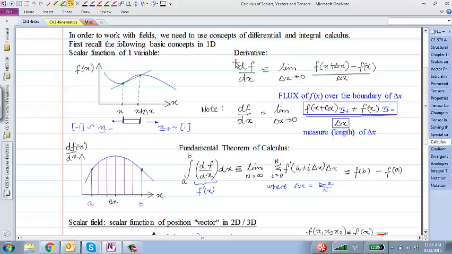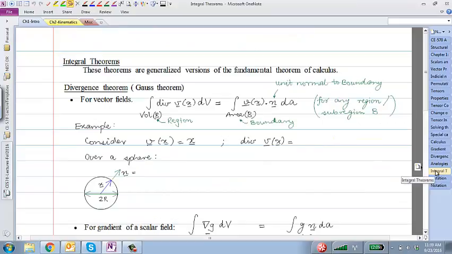So we've done derivatives for scalars, vectors, and tensors. We are going to do some integral theorems now to try to convert them back, to be able to integrate them back to fields. So one of the most basic theorems that we will use a lot is called the divergence theorem, sometimes also called the Gauss theorem.